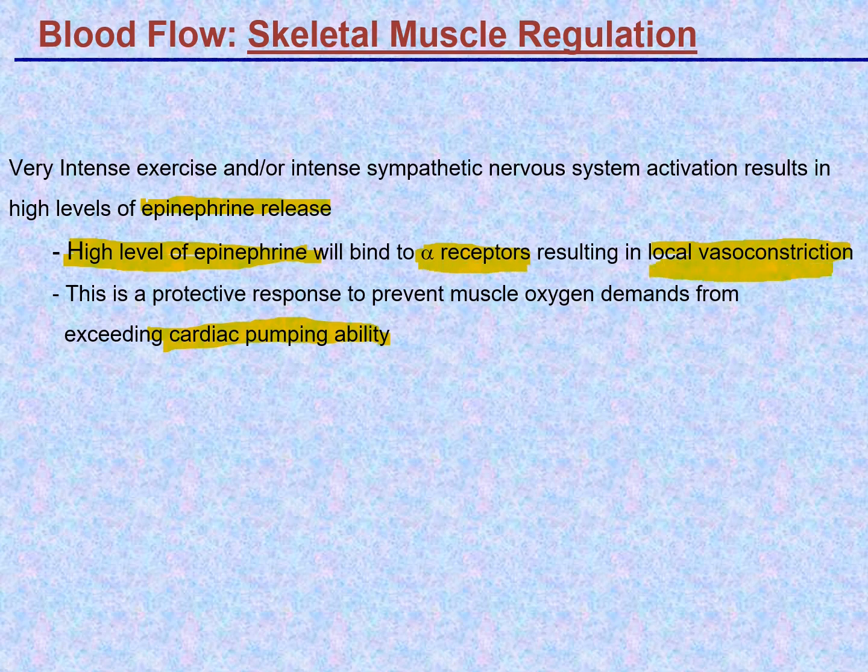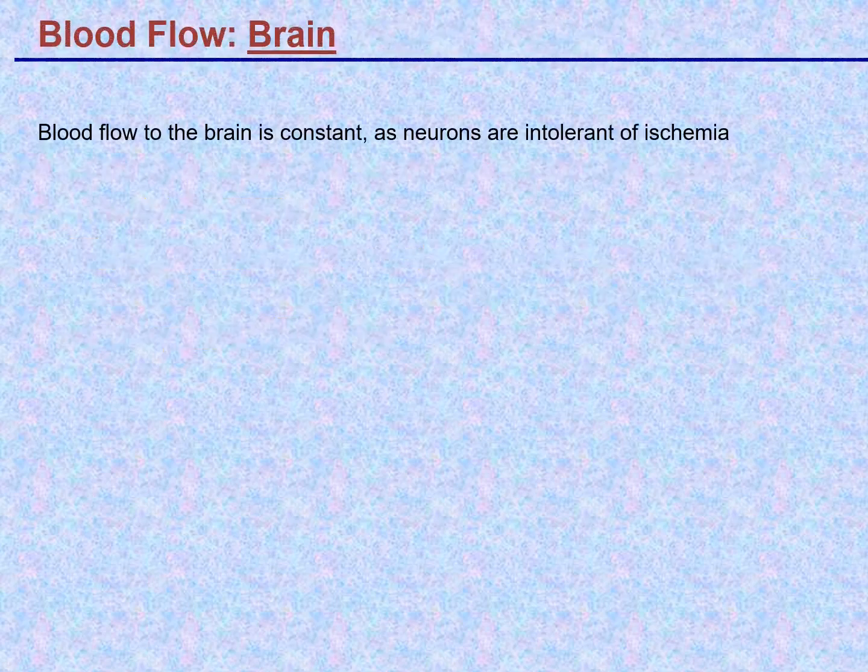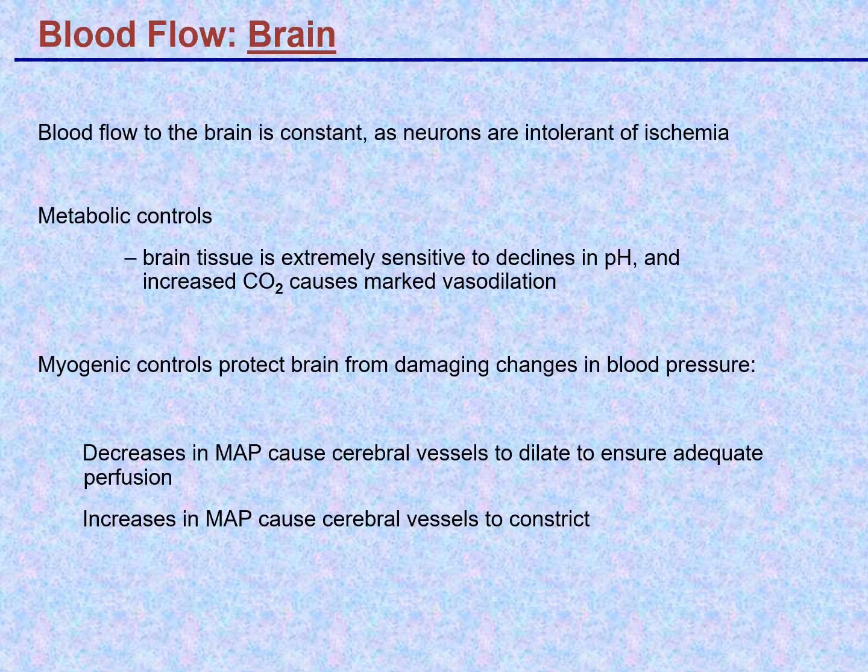The blood vessels start narrowing. That cuts off the supply of blood, not completely, but it reduces the supply of blood to the muscles, and they fatigue and they stop, because you want control regulation at that level. You don't want to exceed your heart's ability to provide blood or pump it out. Okay, that was skeletal muscle.